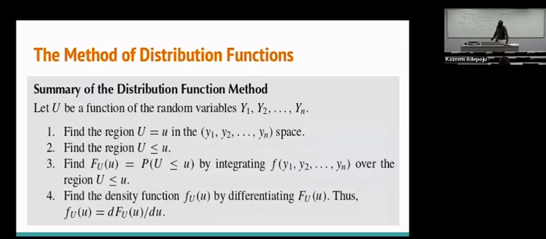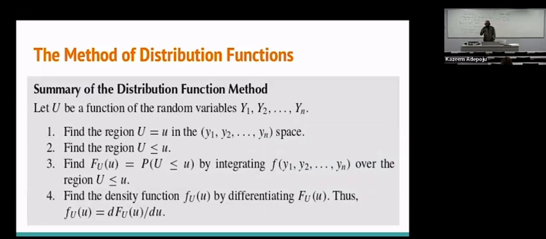Thank you. Now I want to walk you through the method of distribution functions. You know our intention, right? The method of distribution function is one of the methods to figure out the probability distribution of a new variable y. Like I said here, I want to figure out the probability distribution of the total cost. Okay, now this is the way it works.